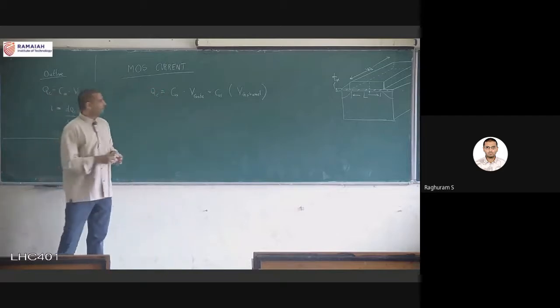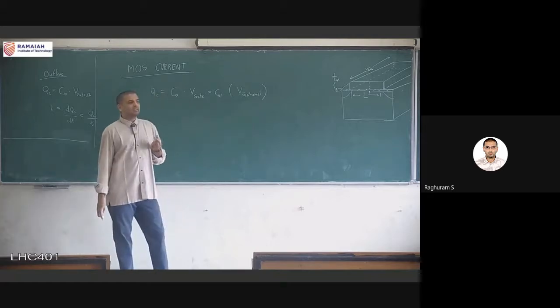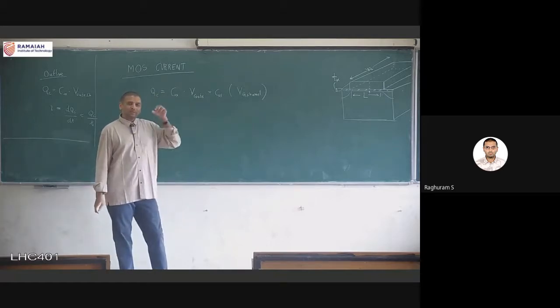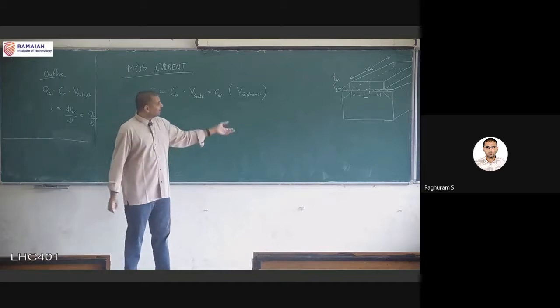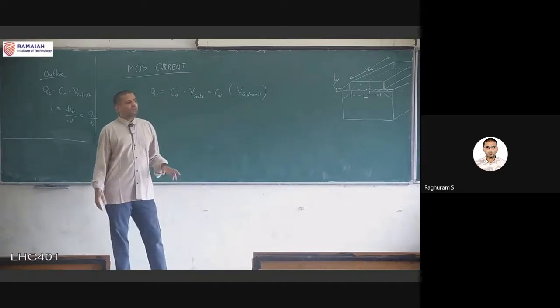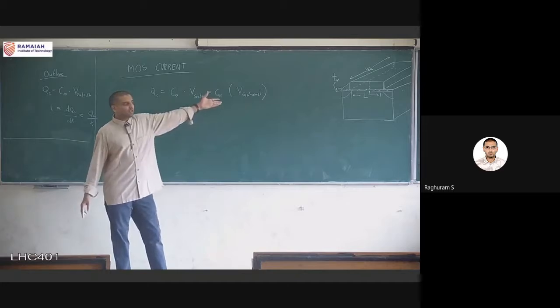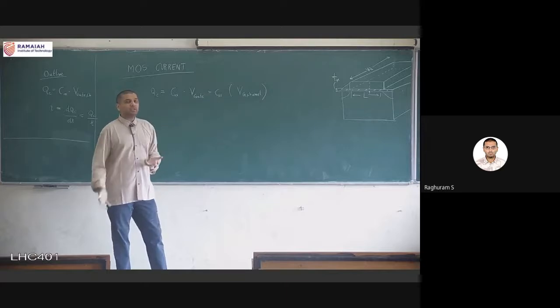We will try to get rid of this channel, because the problem with the channel is it is somewhere deep inside and I don't have an electrical connection to it. I have an electrical connection to the bottom, which is the substrate, not the channel. If I want to get the current and my expression has the channel voltage, I will never be able to calculate it because I don't know its value.